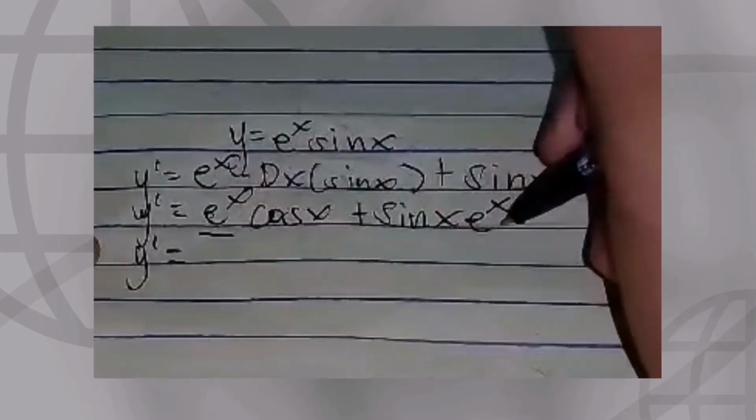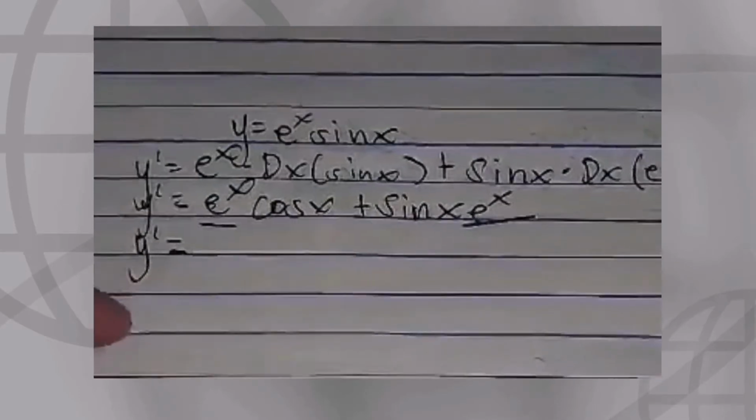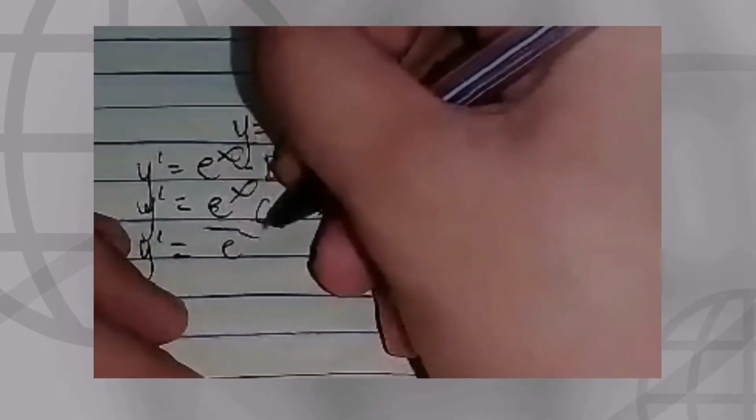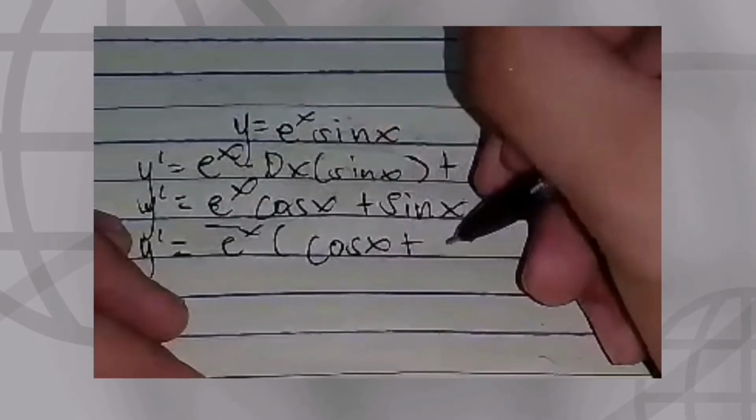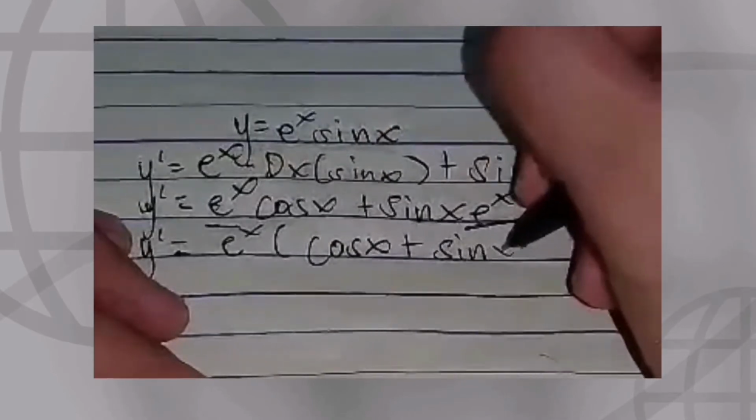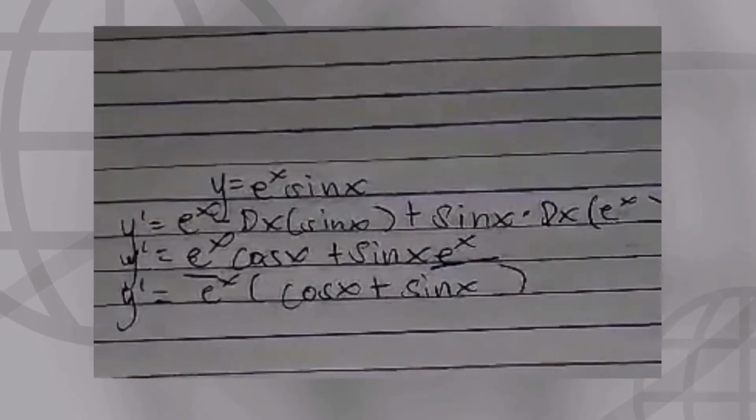Then we are going to factor the e raised to x, so it's going to be e raised to x parentheses cos x plus sin x. That's done. This is the final answer.